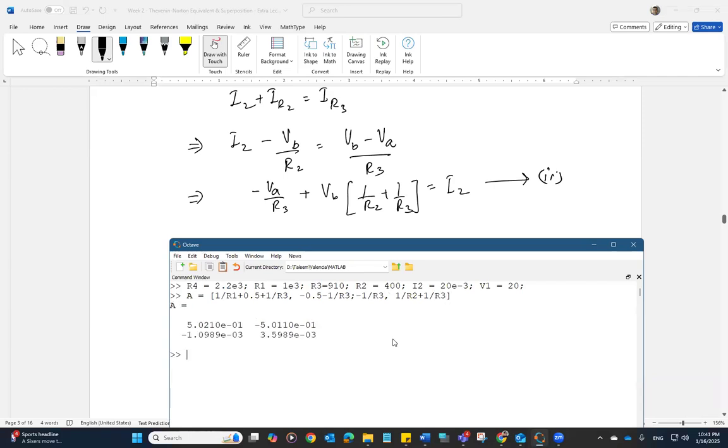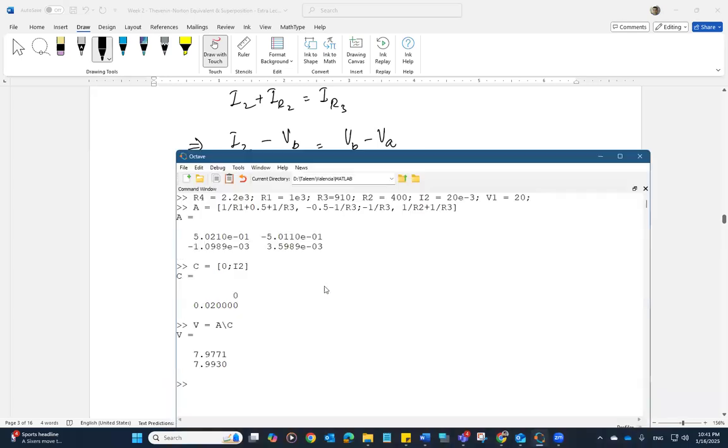This is my coefficient matrix A. My constant vector C on the right-hand side is 0 from equation 1 and I2 from equation 2. Therefore, my two voltages are A backslash C, and they are 7.9771 and 7.9930, very close to each other, interesting. So these are my two voltages.